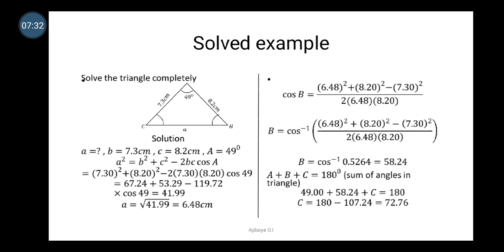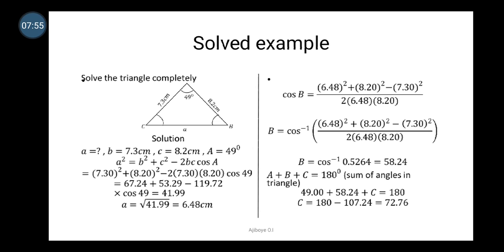All right, and then we can proceed to find angle B, because from the previously stated formulas, cos B is equal to 6.48 squared plus 8.20 squared minus 7.30 squared over 2 times 6.48 times 8.20.